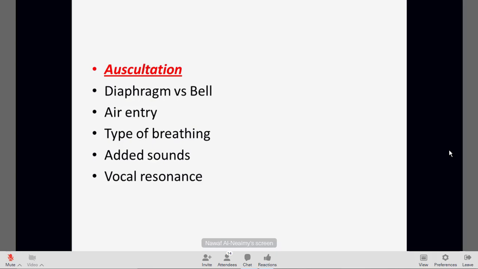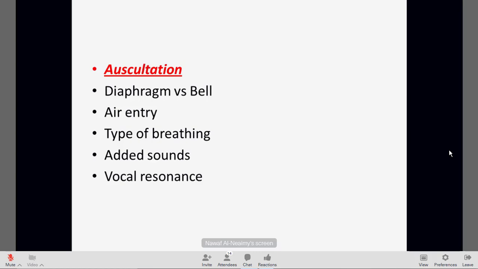اكو شغلة مهمة يمكن ما قلناها كثير. When you do the auscultation, whether you are auscultating the chest from the front, يعني patient is supine, or you are auscultating from the back, patient is sitting, you should ask the patient to breathe deeply. خذ نفس عميق and use your mouth. تنفس من الفم.